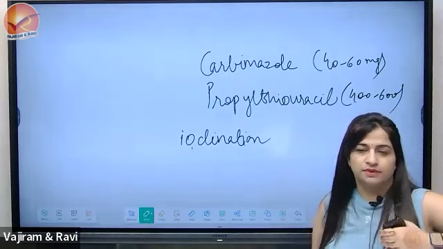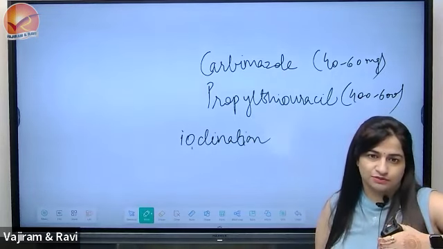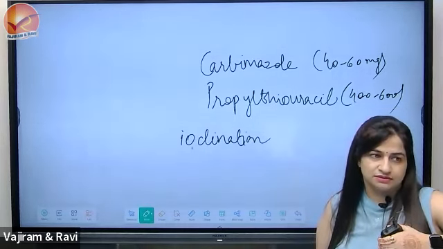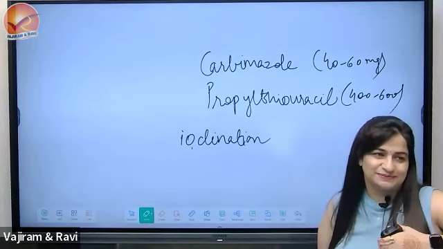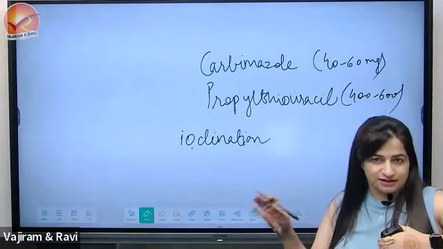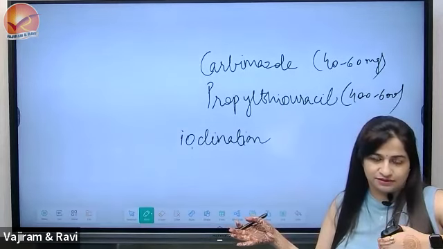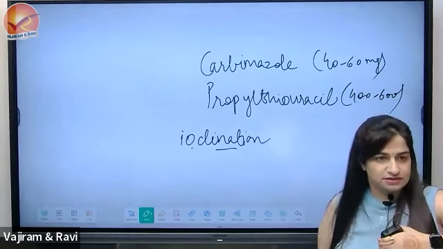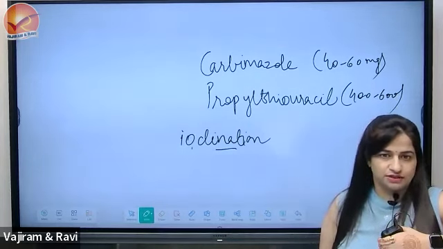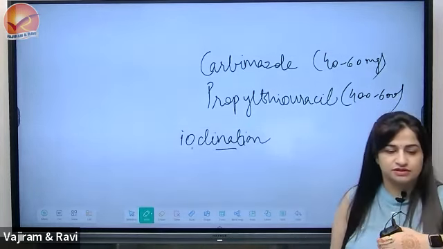How many of you remember how the thyroid hormone is made within the gland? Tyrosine combines with iodine. So here these drugs prevent the iodination of tyrosine. This is the mechanism of action. Okay.